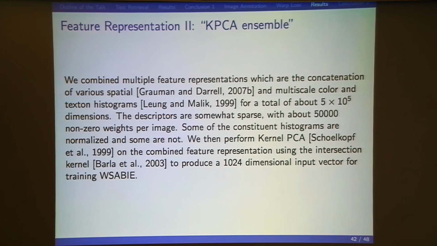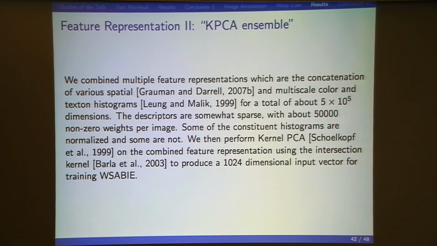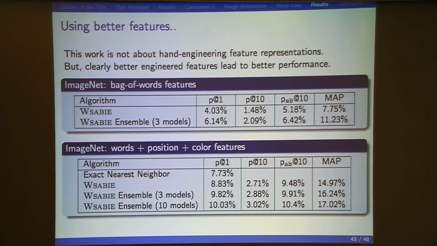And just to say how features are really important. I told you about the bag of visual words. We tried another thing called KPCA Ensemble, which is an ensemble of lots of different hand-engineered features, and we got even further improvements.